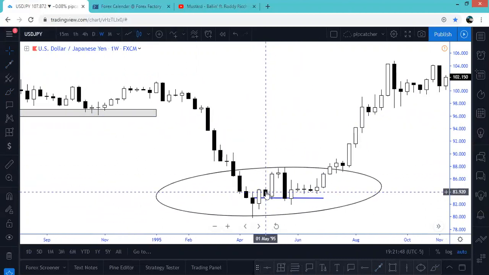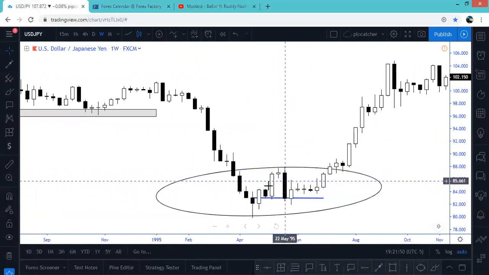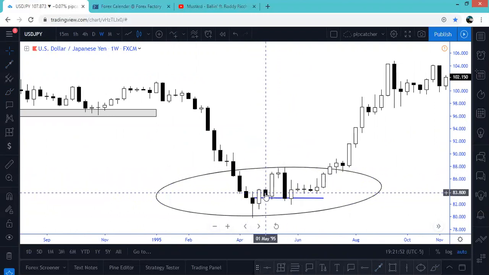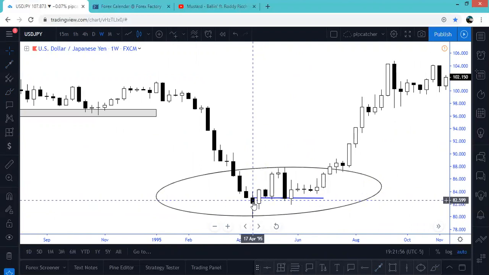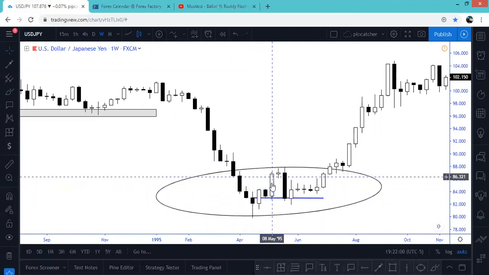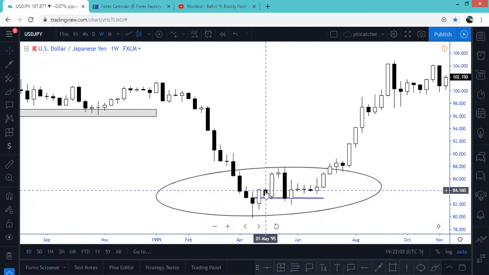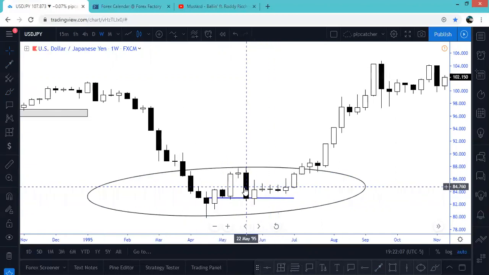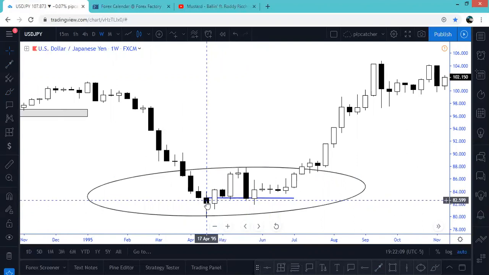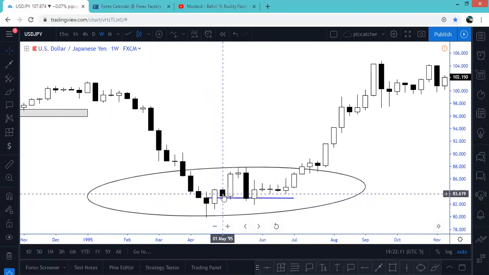Now, why would we choose this one over this one? Well, first off, this candle was the first one to engulf this weekly candle. Yes, this one engulfed as well, but this one was first. And some people might say, well, this candle got accounted for right here.